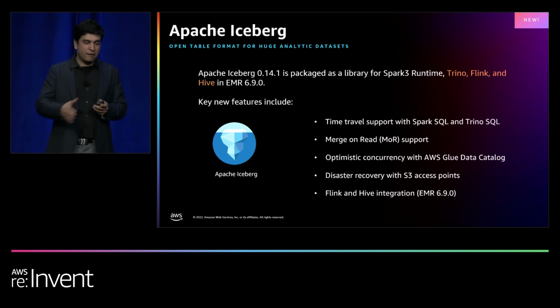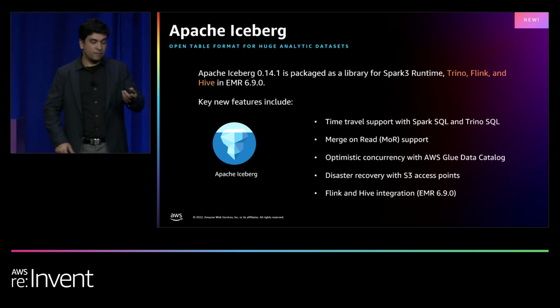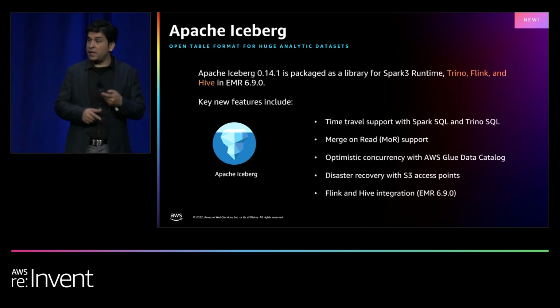And then after some time, the delta files will be compacted into the final table. Now, this feature has existed in Hoodie for a while, and now Iceberg is also adding this. Also, optimistic concurrency for writes with the Glue catalog, and disaster recovery across S3 access points.